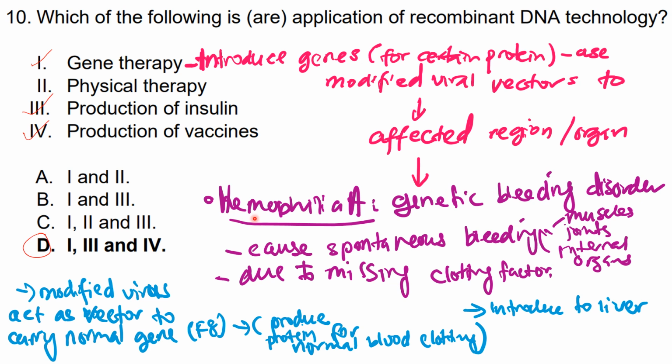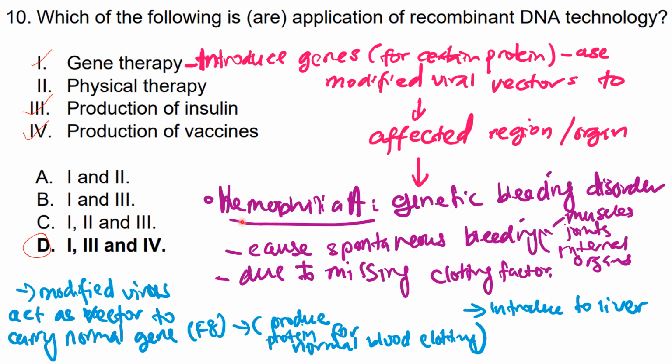Hemophilia A is a type of genetic bleeding disorder. A person with this disorder will have continuous bleeding in the muscles, joints, and also internal organs, causing spontaneous or prolonged bleeding. This is due to the missing clotting factors.